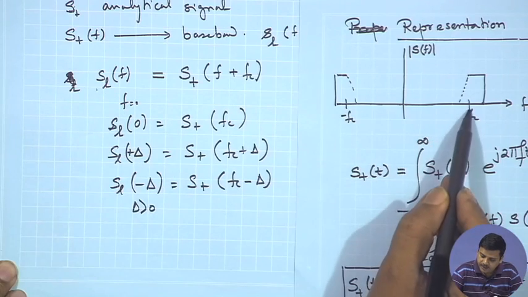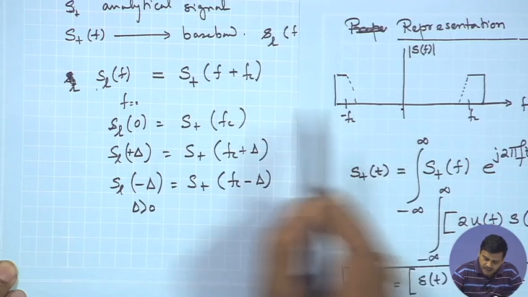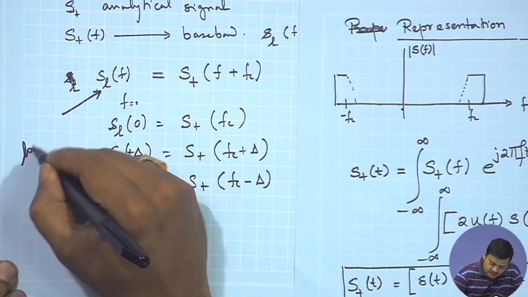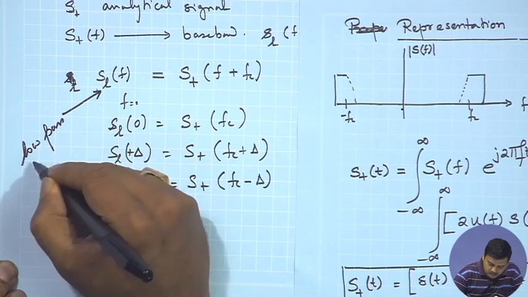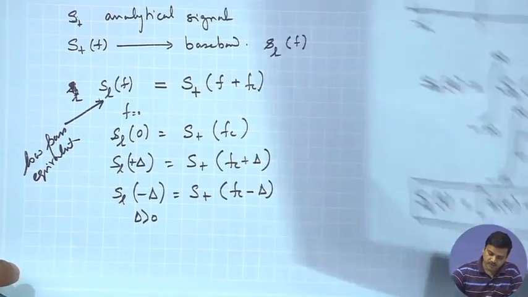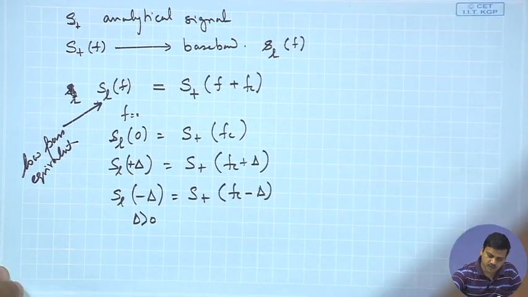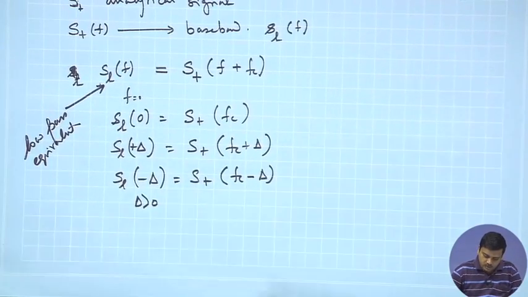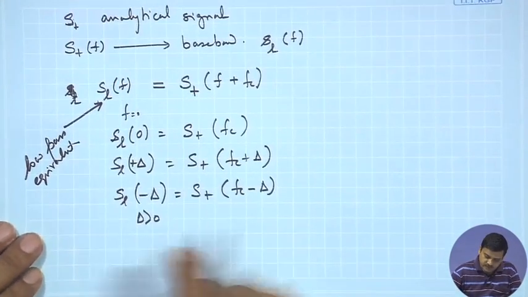It is basically bringing it down here, and accordingly we have used this notation L to represent low pass equivalent. That's an important relationship. So, that is what S_plus of S_L of f is.